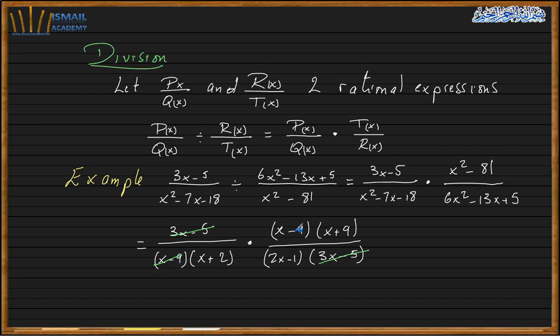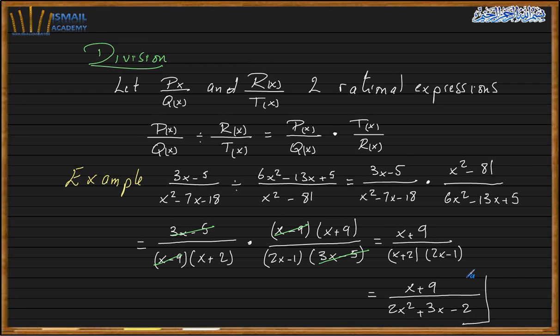This is common. That's it. It's x plus 9 times 2x minus 1. So if I FOIL the denominator, it's going to be 2x squared plus 3x minus 2, and it will be your answer after you divide.